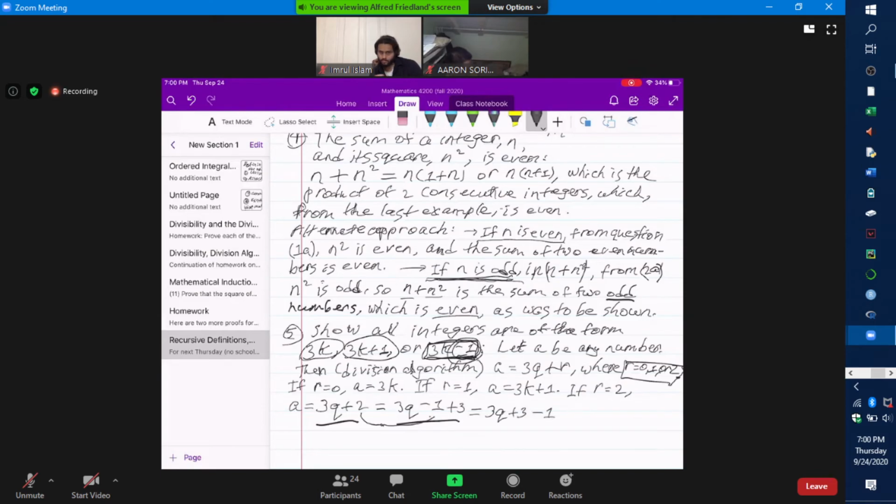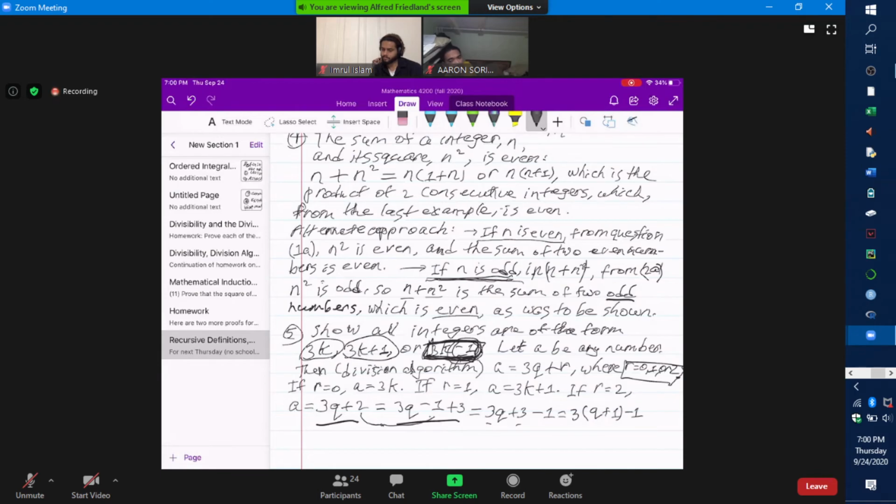So now I've separated it out to minus 1, so it looks like that. So I'm trying to work it into this form. So I want to have a minus 1 at the end. Okay, so now I have minus 1. And then this equals, but now I have to show, again, that it's 3 times some number, k, minus 1. So I want to get it into the form 3k minus 1. So I wanted it as 3 times something. So by the distributive property, call it factoring if you like, take out the 3 in 2 places and be left with q plus 1 minus 1.